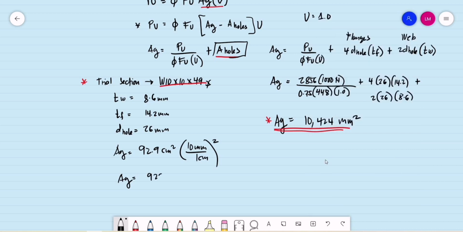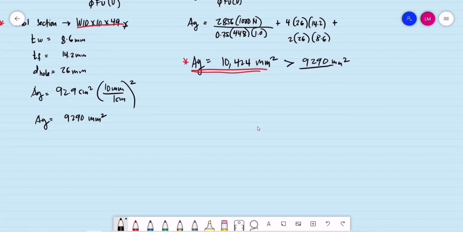We have 9,290 square millimeters. So basically, the required gross area is greater than the actual area of our trial section, which means this W10 by 49 is inadequate. It's not suitable for the design.